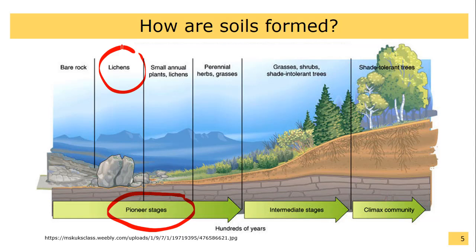Organic matter created by these pioneer species helps create a suitable environment for other microorganisms such as bacteria, fungi, and worms that help in decomposing organic matter and breaking down rock surfaces. This favors growth of small annual plants, grass, ferns, and perennials.